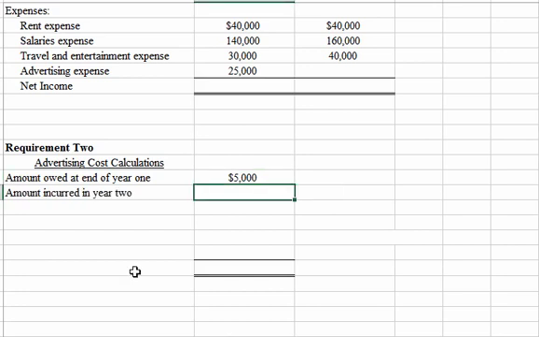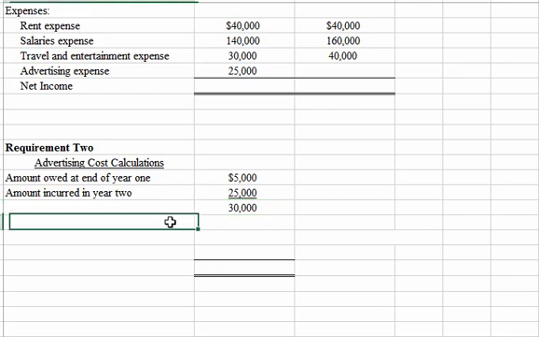So the amount incurred in year two is the same as our expense for year two, $25,000. Now, when we add those two together, the $5,000 plus the $25,000, that's how much we're going to owe in year two for advertising costs incurred in year one and year two. Hope that makes sense.